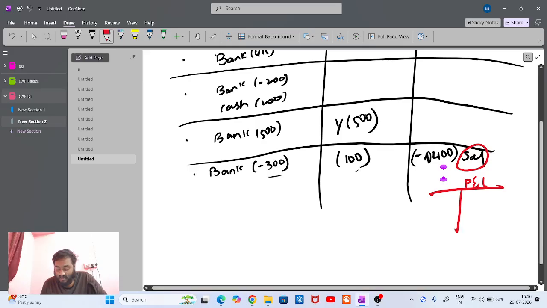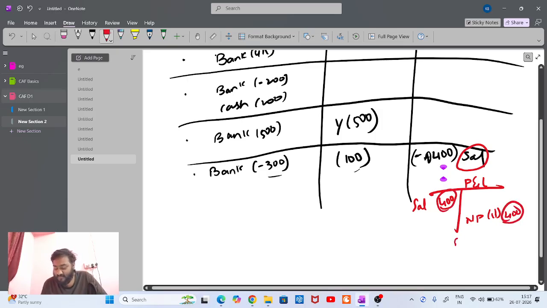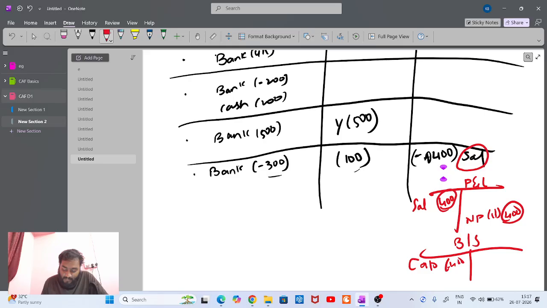In P&L, salary 400, net profit reduces by 400, since salary is 400, net profit obviously reduces by 400, and then in the balance sheet capital account will be reduced by 400, which is why this comes. Why is salary 400? Isn't it 300? Accrual basis. This is accrual basis.